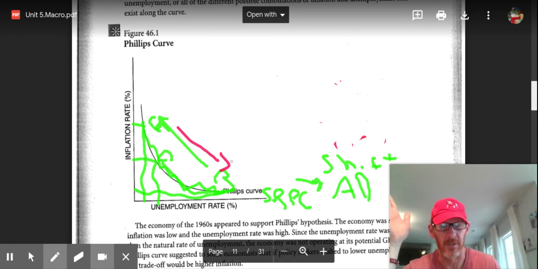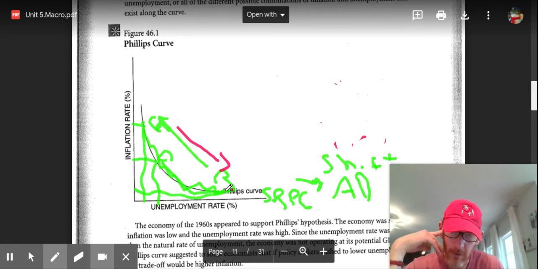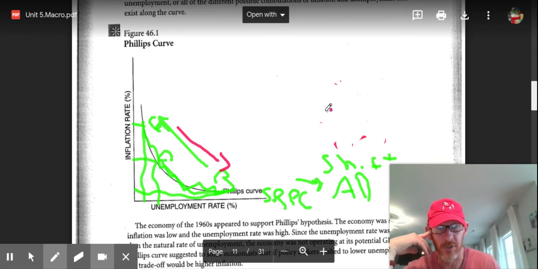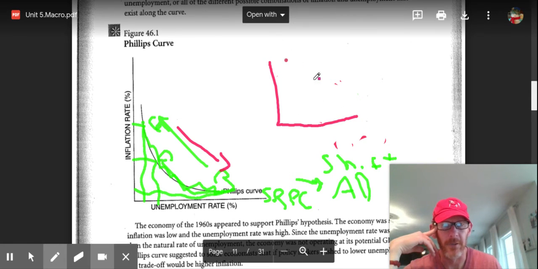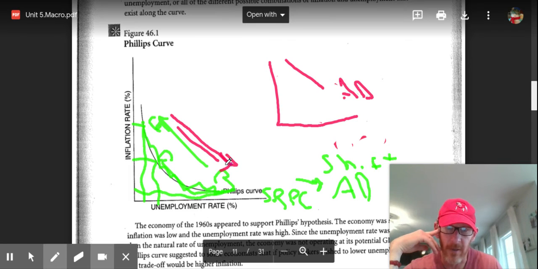Okay, so this is our short run Phillips curve. Anytime we move along the curve, it's a shift of AD. So if we move along the curve going right, AD shifts left, right? So here is aggregate demand. If we move right along the Phillips curve, that gives us a shift to the left.